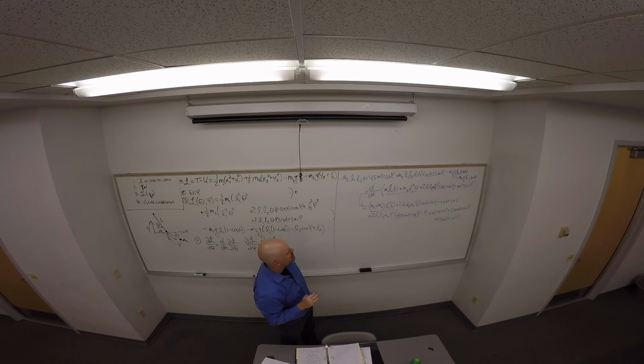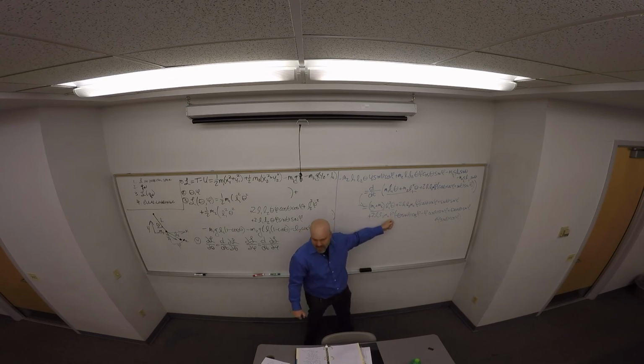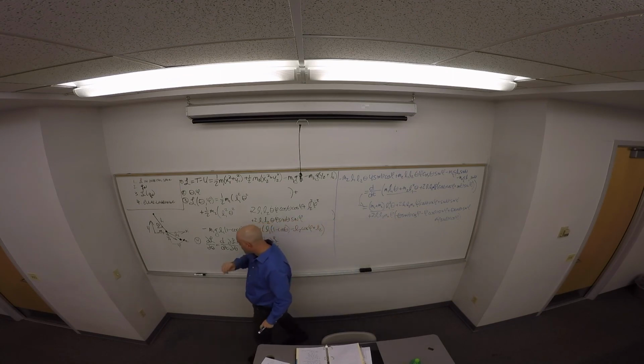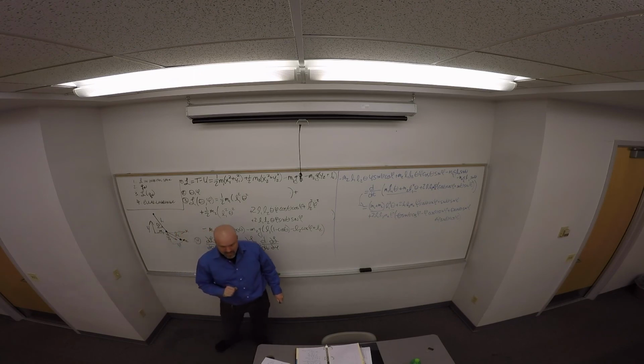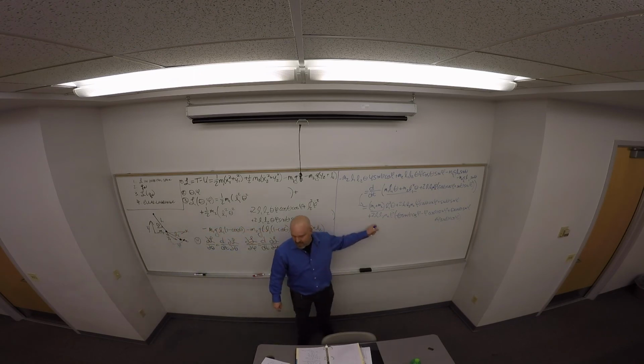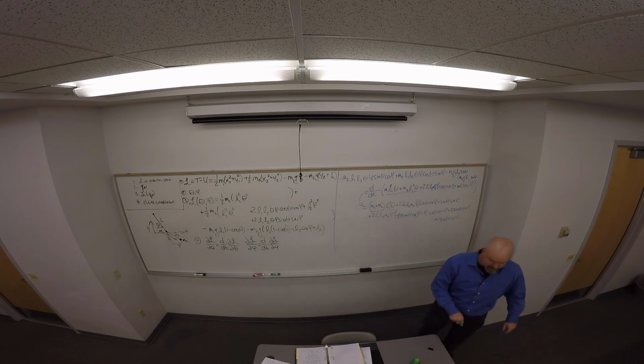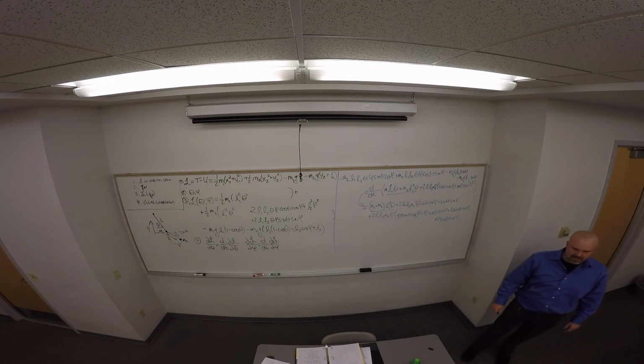Theta dot terms, and then the theta terms, which is the rest of them. And then you do the same thing in phi. But what's nasty about this is that these are coupled. The phi one depends on the theta one, and the theta one depends on the phi one. So that's why this is such a mess. But before you plug it in the computer, you have to be able to get to the equation of motion. That's the part you do yourself. So at least we get there, and no matter how ugly it is, the computer can handle it, as long as you don't write in a typo as you're doing it.